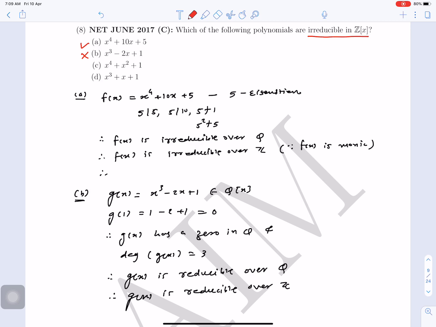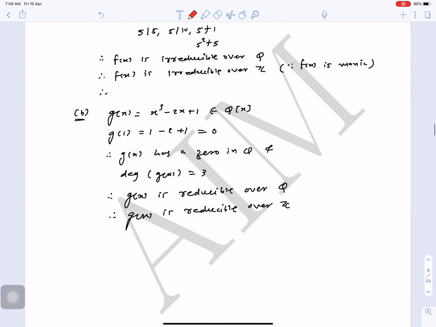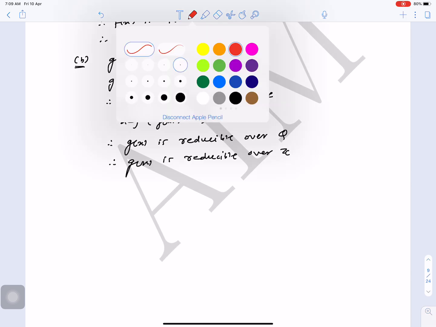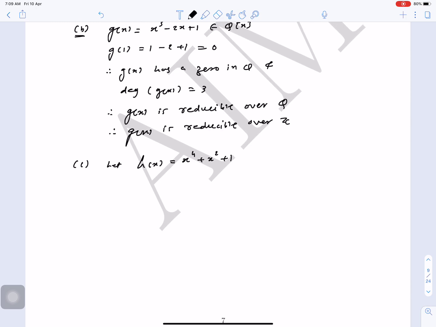Now you go for option C, x raised to 4 plus x square plus 1. So let you say h(x) is x raised to 4 plus x square plus 1. Now consider this over Z[x].